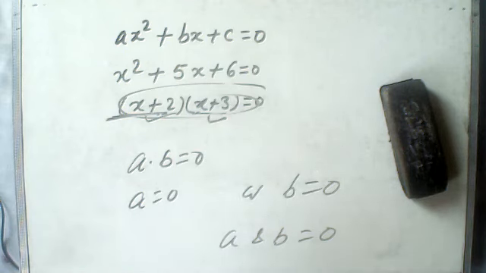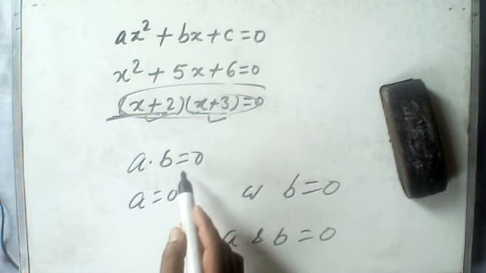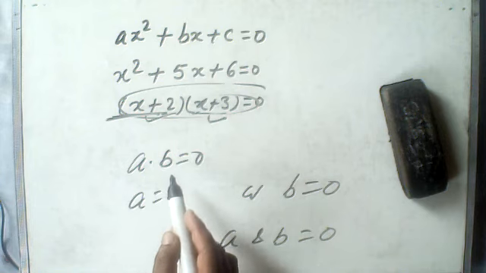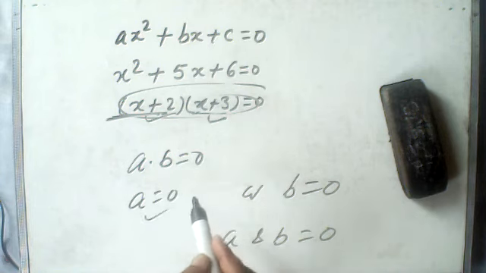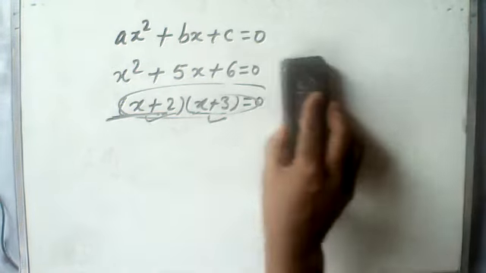This is called the zero factor property. So we start with the sum.